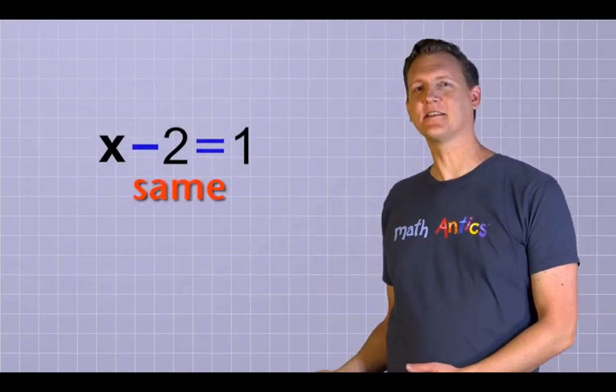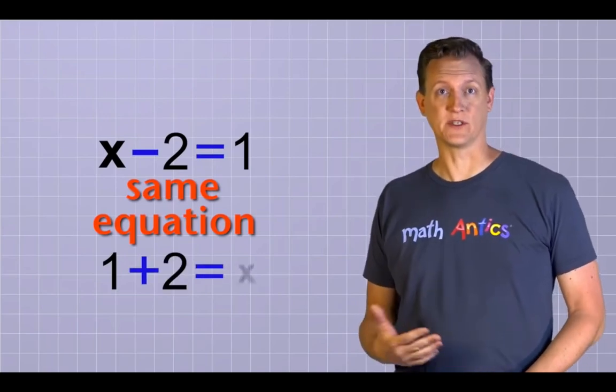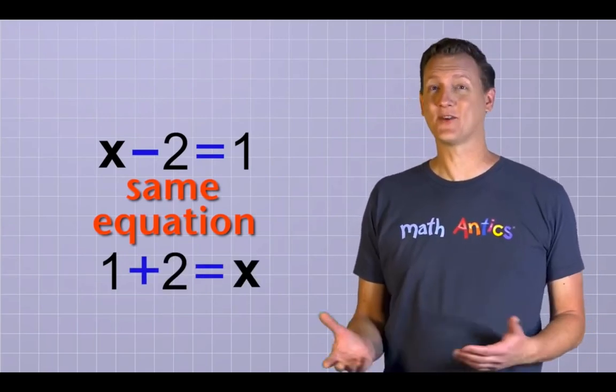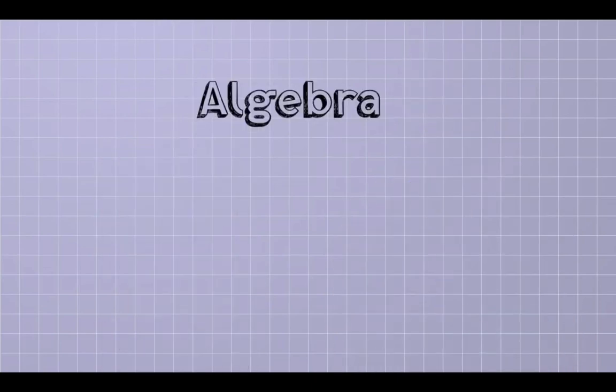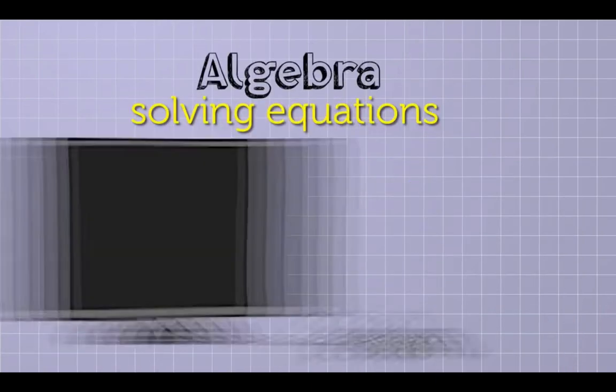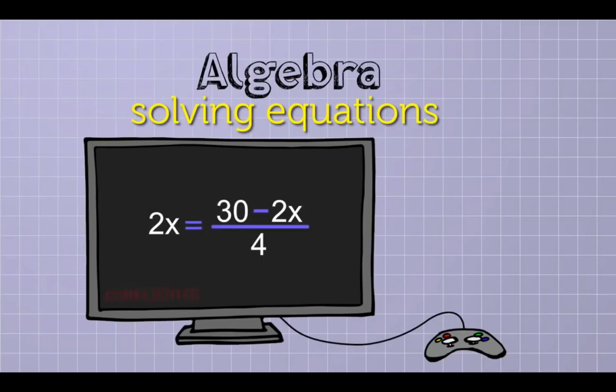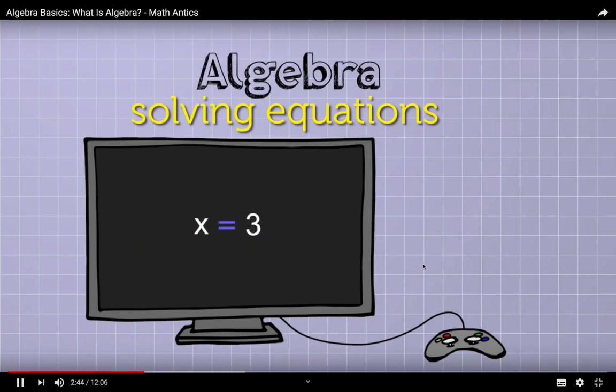This is exactly the same equation as 1 plus 2 equals x, but it's been rearranged so that it's not quite as easy to tell what x is. So in algebra, solving equations is a lot like a game where you're given mixed up, complicated equations, and it's your job to simplify them and rearrange them until they're nice simple equations, like x equals 3, where it's easy to tell what the unknown values are.